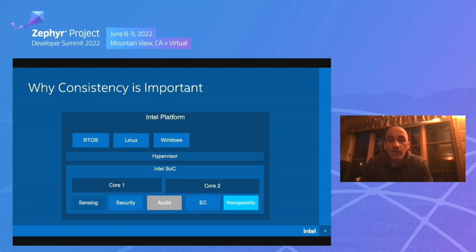Also think about IP sharing and peripheral sharing. Many of these firmwares would actually use or support the same IPs, coming usually from third party, but sometimes they are original designs from Intel. And it is very important that you would be talking to these IPs using exactly the same APIs.